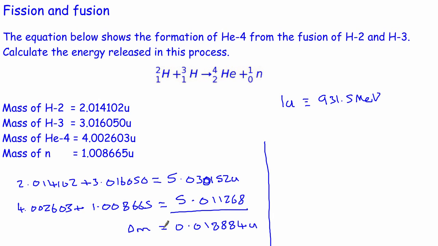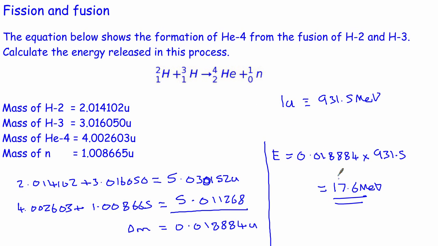So if I just multiply this thing by 931.5, it'll tell me the energy I've got in MeV. So E is equal to the mass defect, 0.018884, multiplied by this conversion factor, 931.5, and that equals 17.6 MeV. So every time this happens, 17.6 mega electron volts of energy are being released in this process.